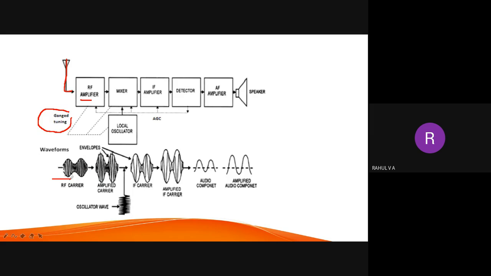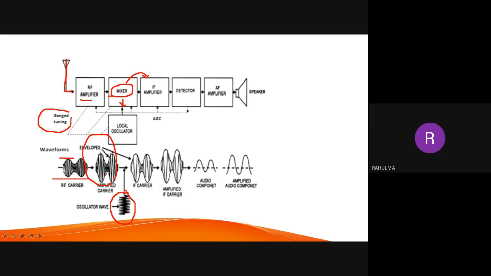You can see the diagram below. First the signal magnitude is like this, then it is amplified, and then there is a local oscillator and a mixer. This mixer will mix the frequency of the local oscillator and the radio frequency amplifier, and it will generate a signal of intermediate frequency. You can see that two signals are coming, one is radio frequency and one is the oscillator.